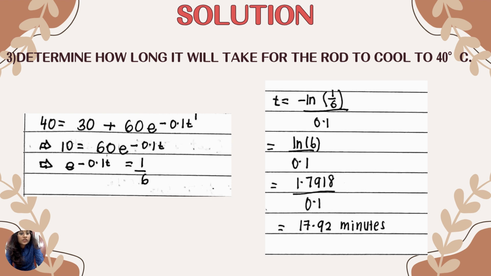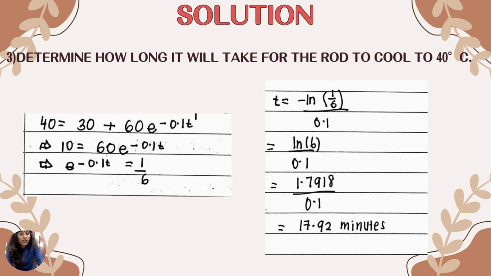Just write it back. And then next we will bring the 60 to the left-hand side. So 10 over 60 we will get 1 over 6, and then e to the power of negative 0.1t is just written down. So this exponent we will bring to the right-hand side as ln. So t equals ln 1 over 6 over negative 0.1, since it is multiplied, when we bring it to the right-hand side it will become divide, and there is a negative.